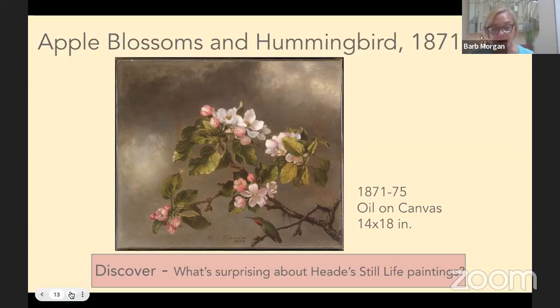The critic, Henry Tuckerman, captured the essence of the apple blossom within still lifes when he wrote, Mr. Heade embodied the very soul of spring and the tenderness in the apple blossoms. How could he have taken something as simple as apple blossoms as an object, and make it so beautiful and so suggestive.